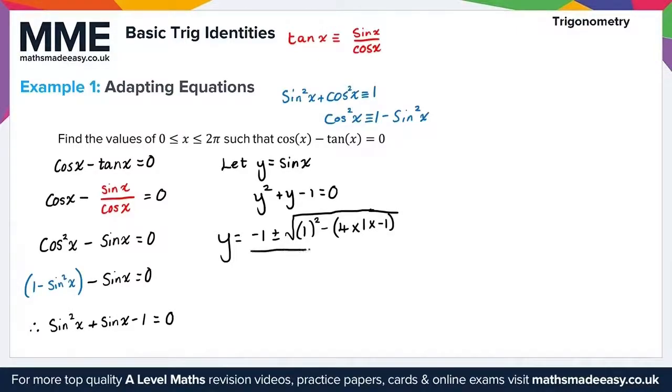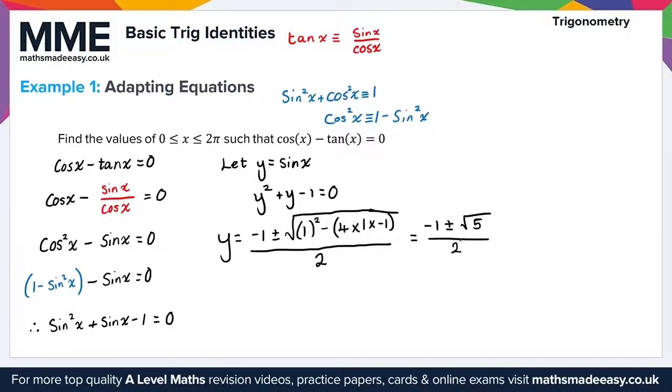This is all over 2a, so that's 2 times 1, giving us 2. Simplifying the square root, we obtain minus 1 plus or minus the square root of 5, all over 2 still.